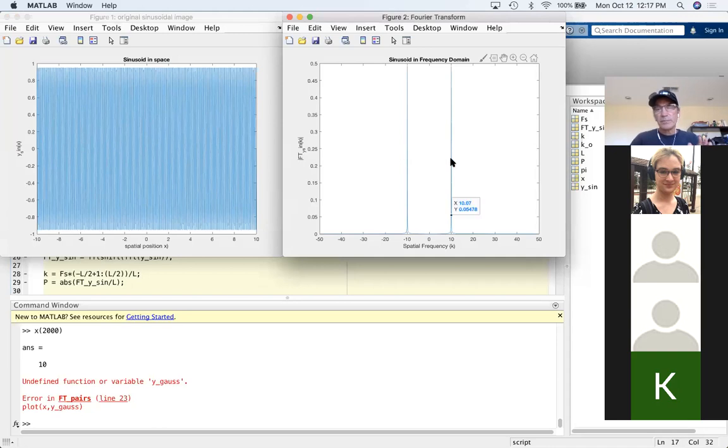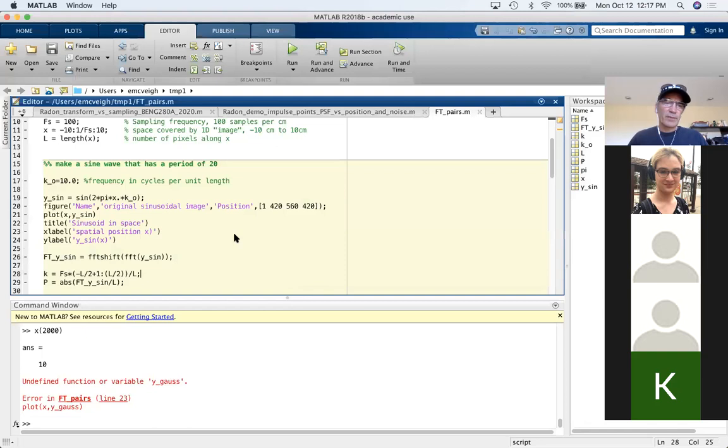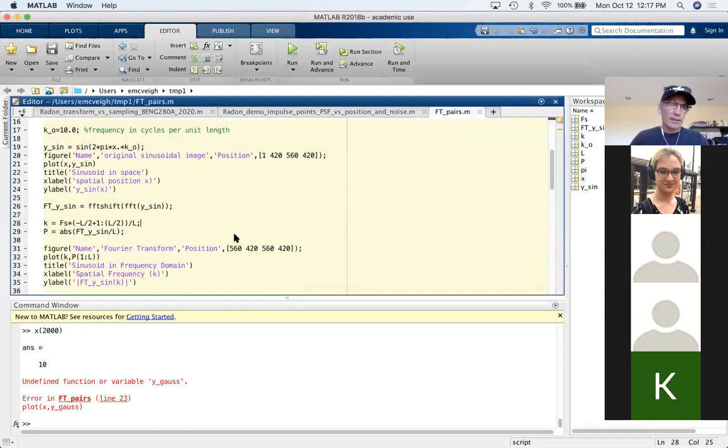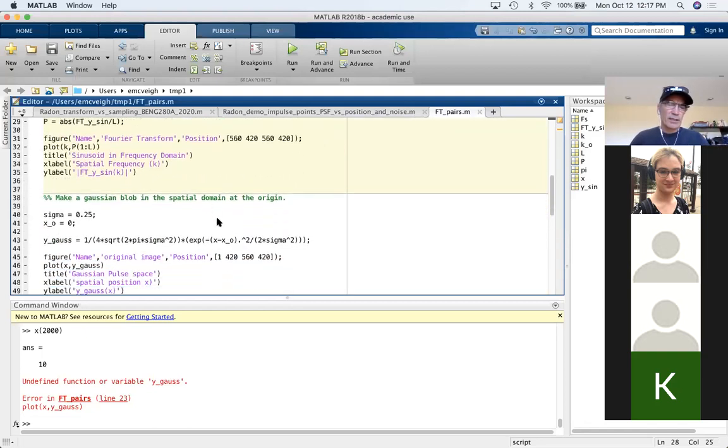So this is an example of essentially a delta function having the Fourier transform of a straight up phasor or sine wave that's going at the specific frequency of the position of offset of that delta function. Okay. So you can play around with that as you want, and then let's try making a Gaussian.